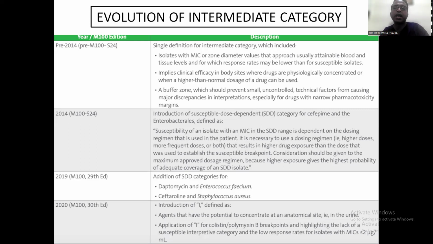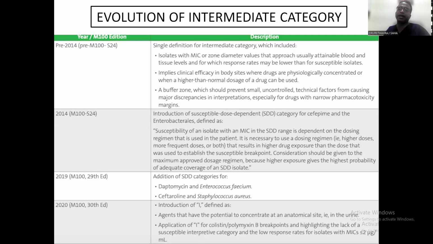Suppose levofloxacin is given I, or cefepime is given I. What do I mean by this intermediate category? See, the name suggests intermediate means neither susceptible nor resistant. So the meaning is very clear from the term itself.